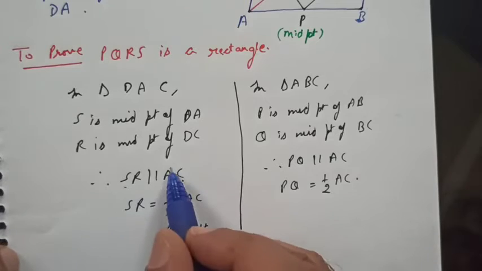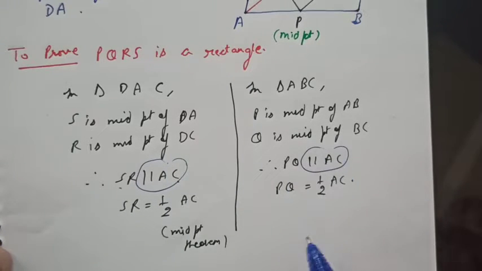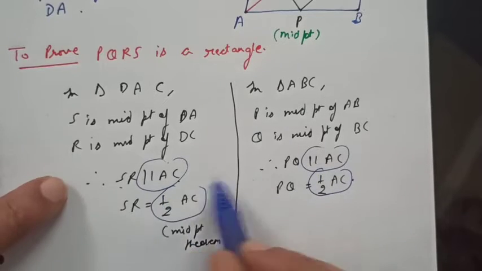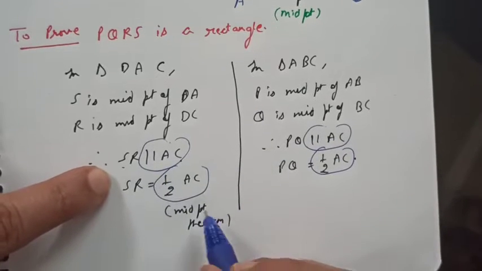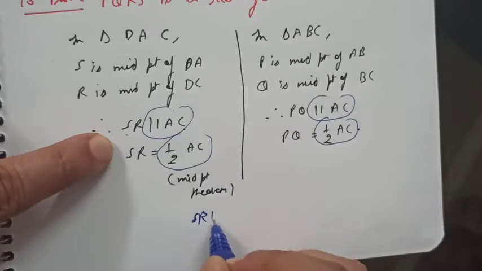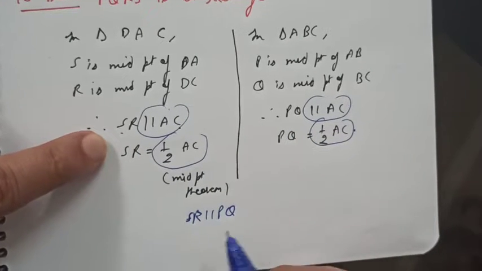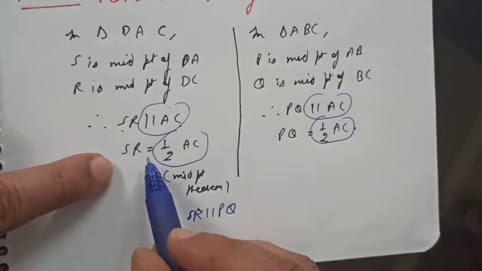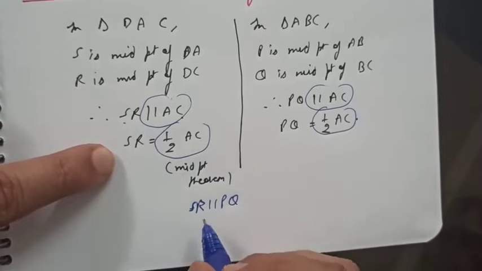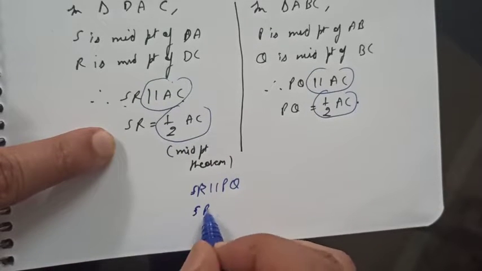SR भी parallel to AC है और PQ भी parallel to AC है, SR भी half of AC है और PQ भी half of AC है, right? So I can say from this and this I can write SR will be parallel to PQ. SR is parallel to PQ, and from this and this I can write this is also half of AC, this is also half of AC, so I can write SR is equal to PQ.